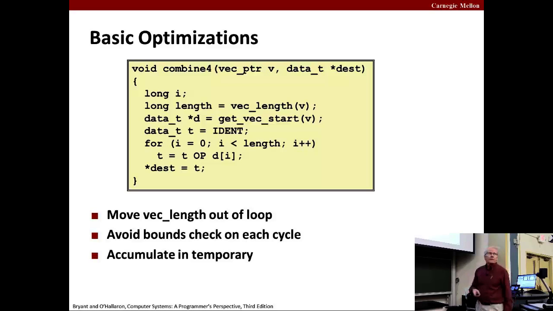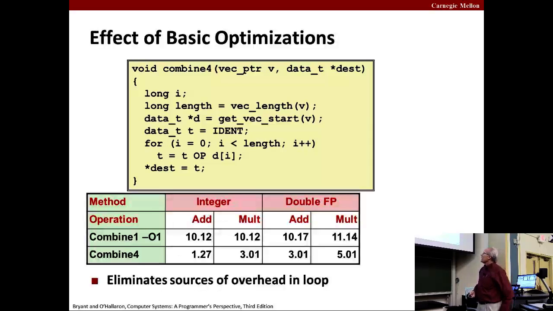So if I'm willing to forego bounds checking, what I can do is introduce a function that will just give me the actual data storage part of this vector and skip over all the other stuff. And so I can write a loop and I introduce local variables and all the kind of things we described, and accumulate in temporaries and things like that. Then the program actually gets a lot faster.